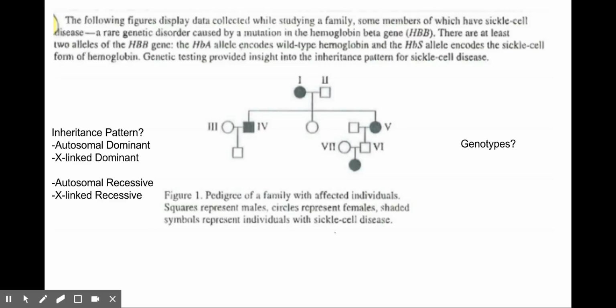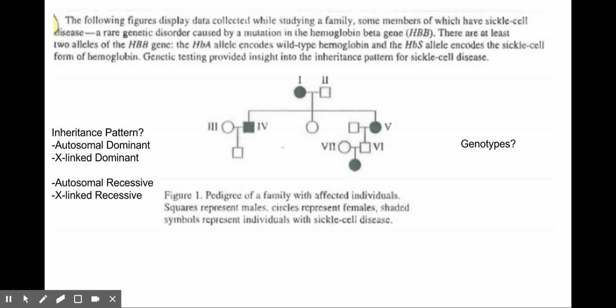So as far as sickle cell goes, you might already know this inheritance pattern just because you remember some of the other things we talked about with sickle cell: that it's on the 11th chromosome, and if it's on the 11th chromosome, it's automatically autosomal. And the only way you end up with sickle cell is if you are homozygous recessive. Okay, but using our little clues here, let's see if we can figure this out.